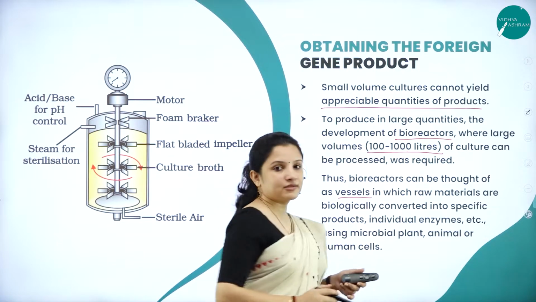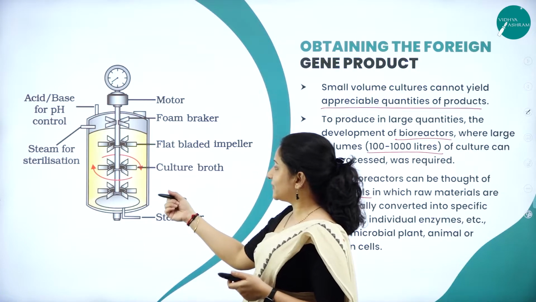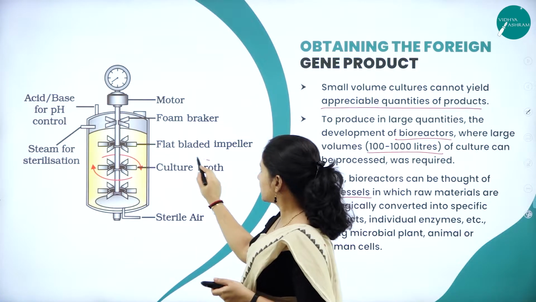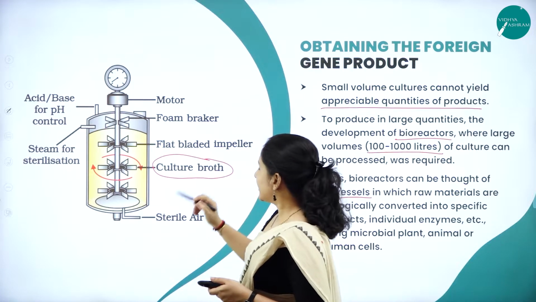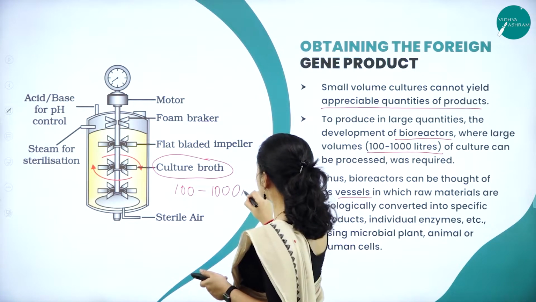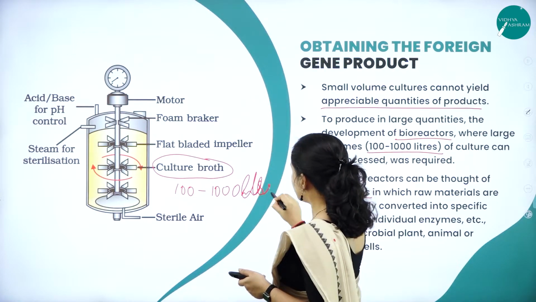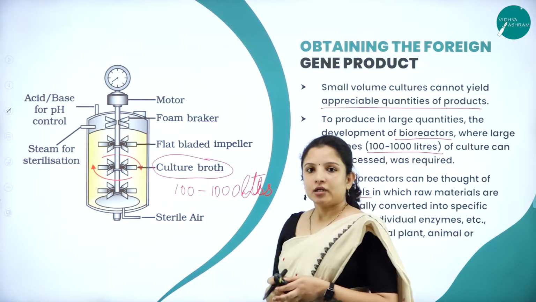So into these vessels, as you can see here, it's just like a vessel, the cultures will be put, the culture broth, as you can see. It will be 100 to 1000 liters capacity.